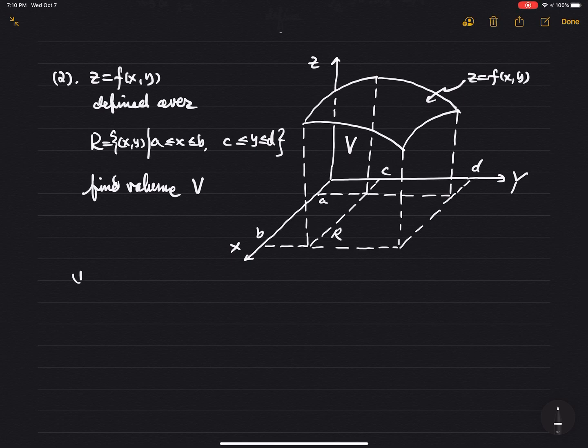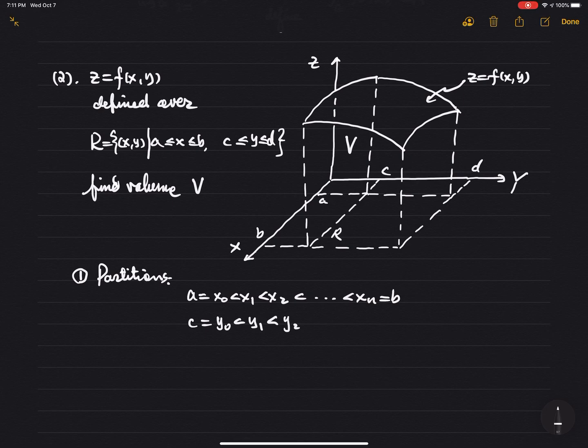First step, we do a partition. This time we have a equal to x0 less than x1 less than x2 less than ... less than xn equal to b, and then c equal to y0 less than y1 less than y2 less than ... less than ym equal to d. Note n and m may not be the same.